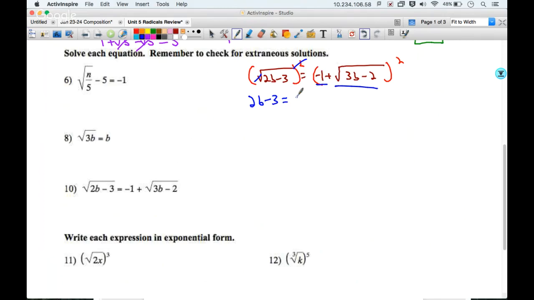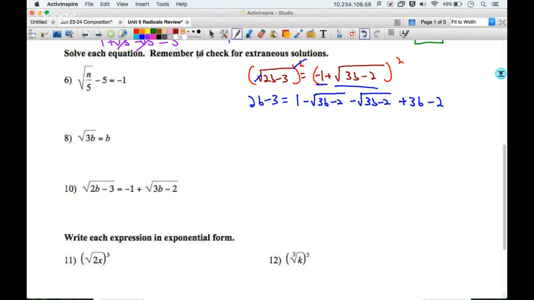First times first gets us a 1. Outside is going to give us a negative square root of 3b minus 2. Inside is going to give us another negative square root of 3b minus 2. And last, square roots will cancel out. I'll be left with just a 3b and a minus 2.